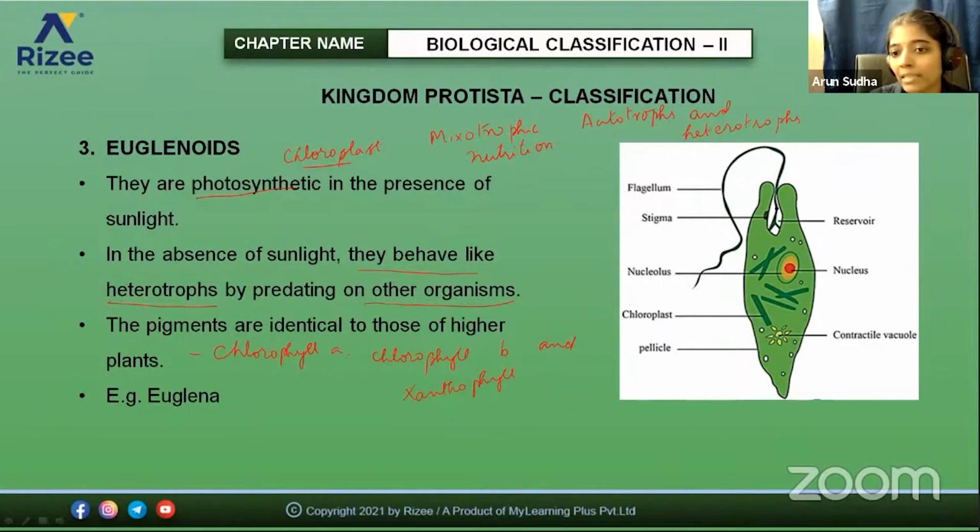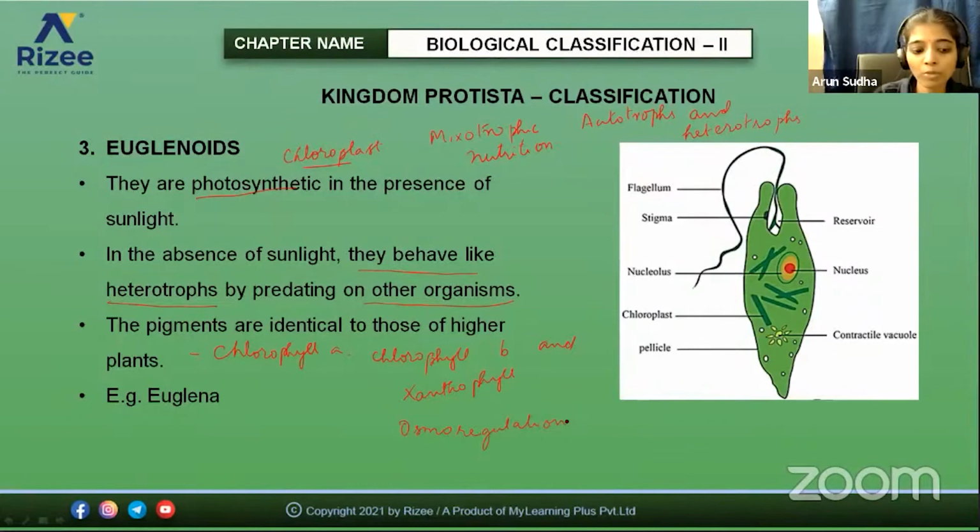This cavity is called the reservoir. The flagella arise from this cavity, and the small flagellum resides within this cavity. And there are the contractile vacuoles, which are responsible for osmoregulation, that is, maintenance of fluid and electrolyte balance in the body.